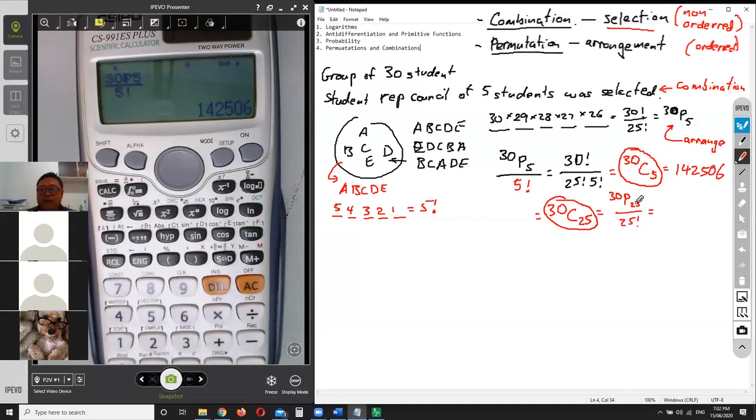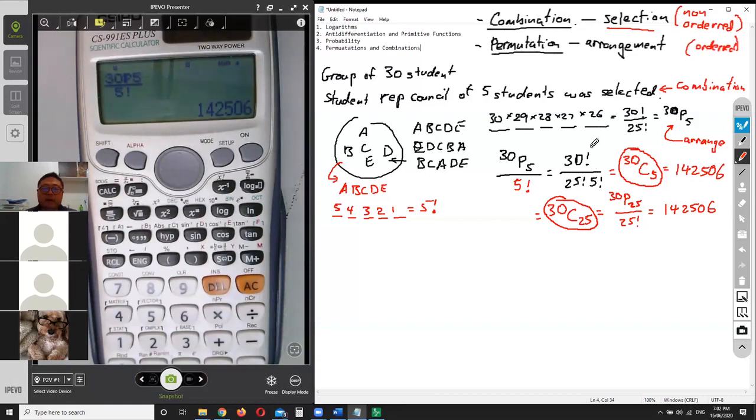Do you want to work it out? It's the same thing. Why would it be the same thing?